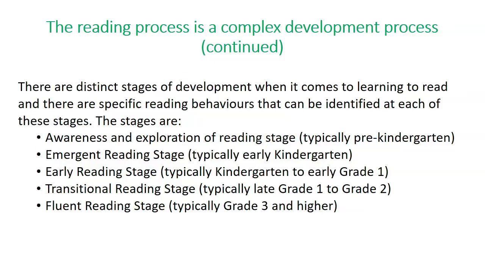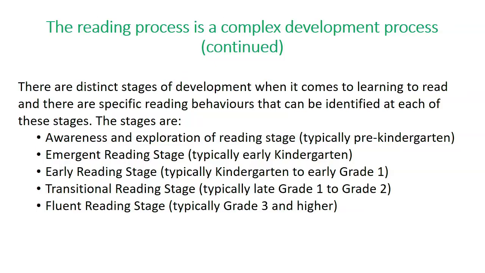Then you will go on to the early reading stage, sort of kindergarten, early grade 1, where they are introduced to letters, and then also to how the text and the picture go together. So they will slowly start reading very little. Then they have their transitional reading stage, grade 1, grade 2, where they really see that letters are found in words, words are found in sentences, and then sentences make up the story.